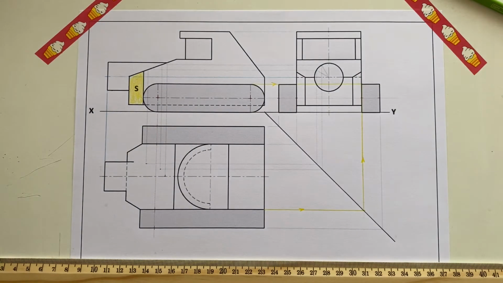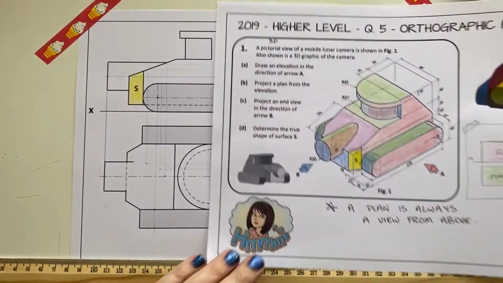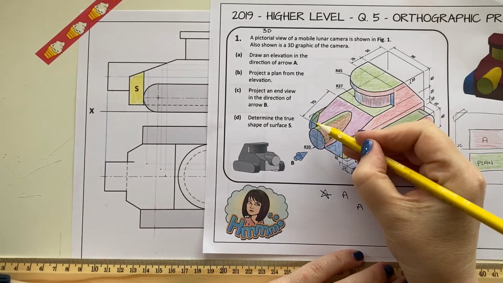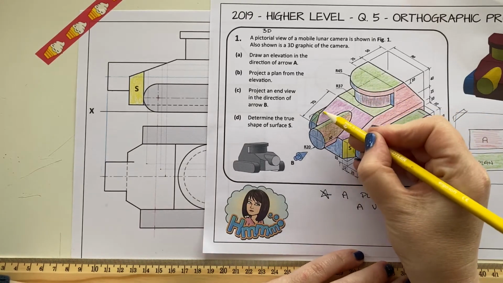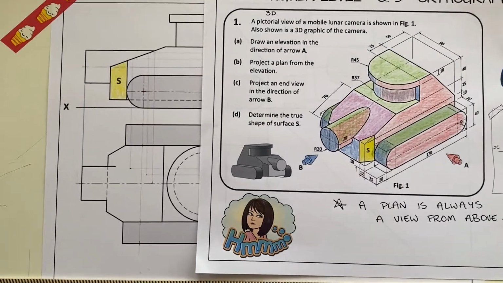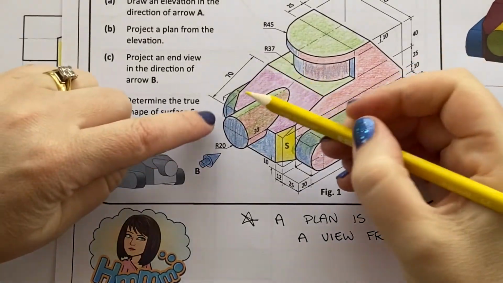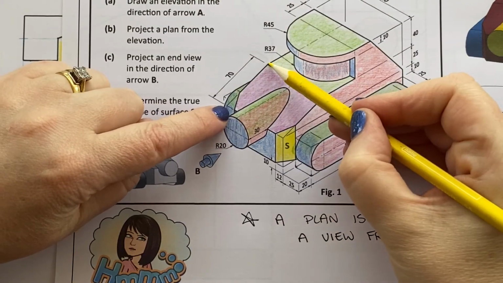I just want to point out that in the question, it is 70 millimeters along this edge here. Let me zoom in a bit on that. So it is 70 millimeters from this corner to the edge.